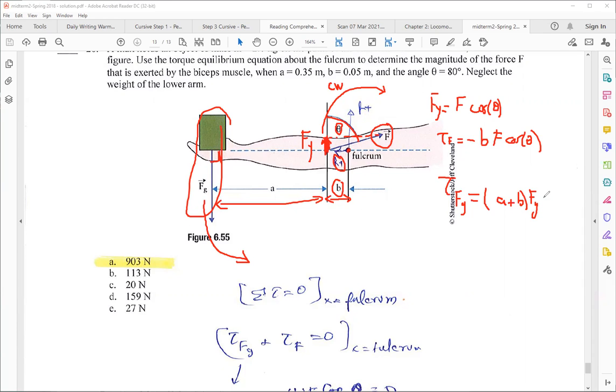Sine 90 degrees is 1, so I'll just put it as 1.